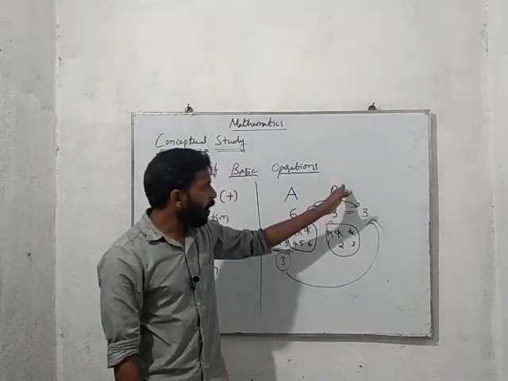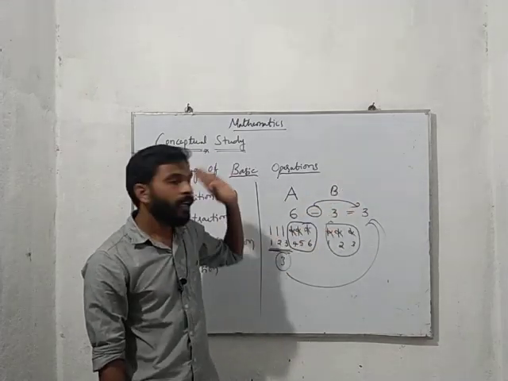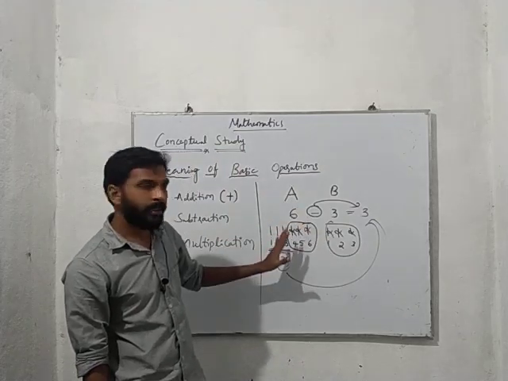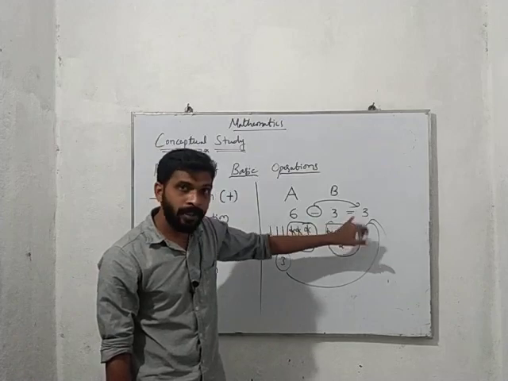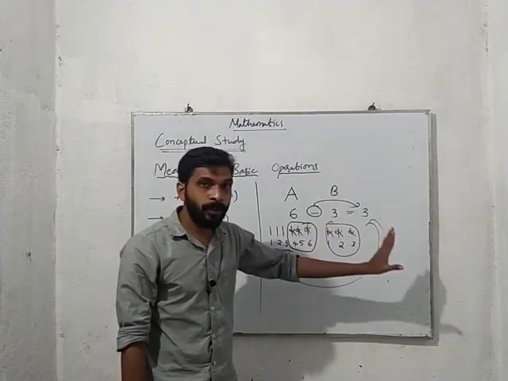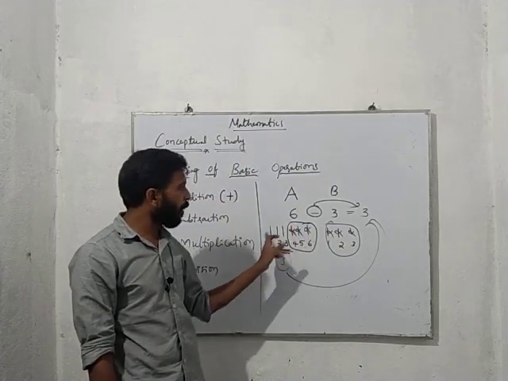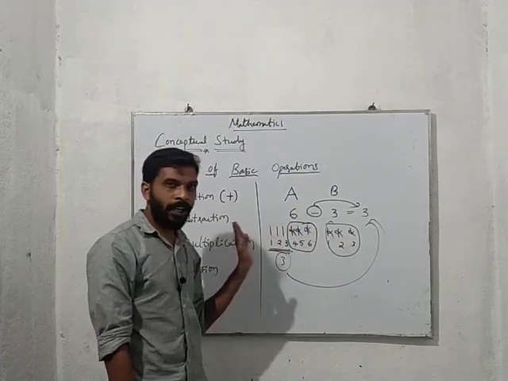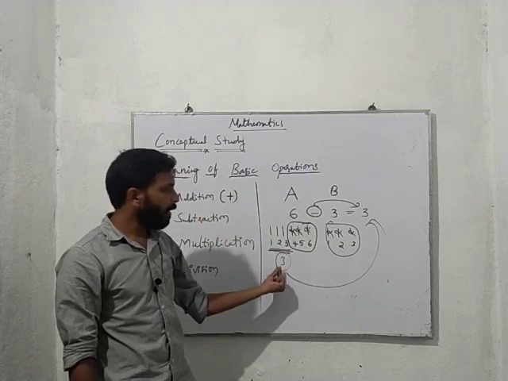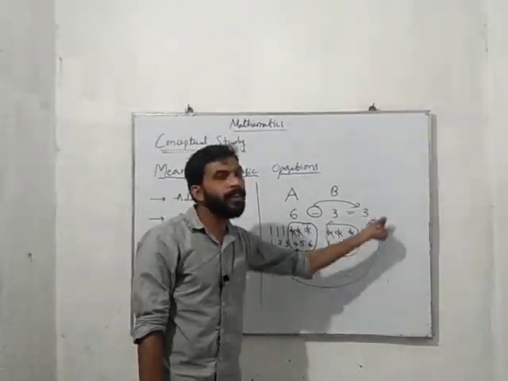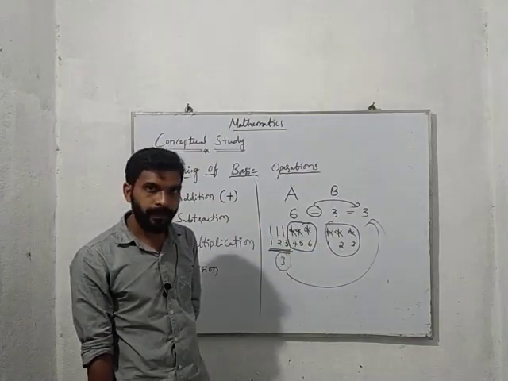How many chocolates does B have? 3. And what is the count A has? 6. This minus symbol says that after the minus symbol, that number of chocolates you should remove from this one, from right to left, so that you get the remaining number. That remaining number is your answer. So that's why we are getting 3.